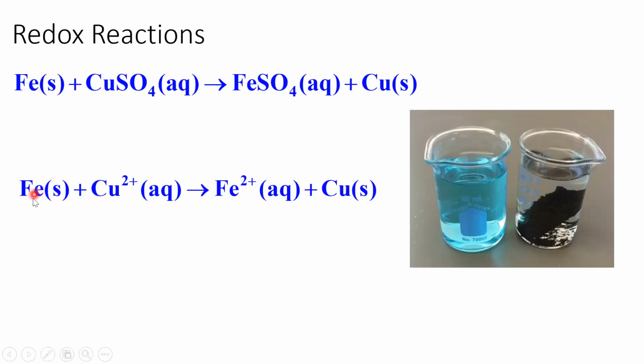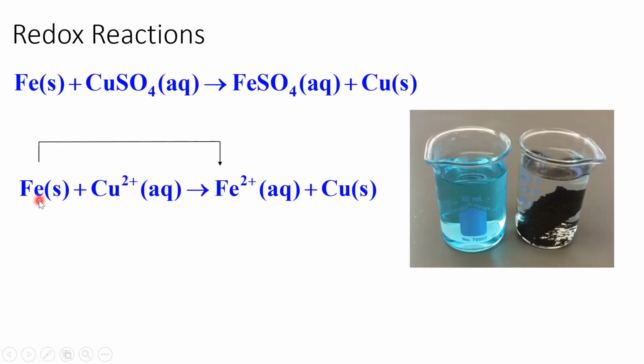Now, iron is a free element here. Its oxidation number is 0. Copper is a free element here. Its oxidation number is 0. But it's an ion here. The charge is equal to its oxidation number. And iron is an ion here, so its charge equals its oxidation number.